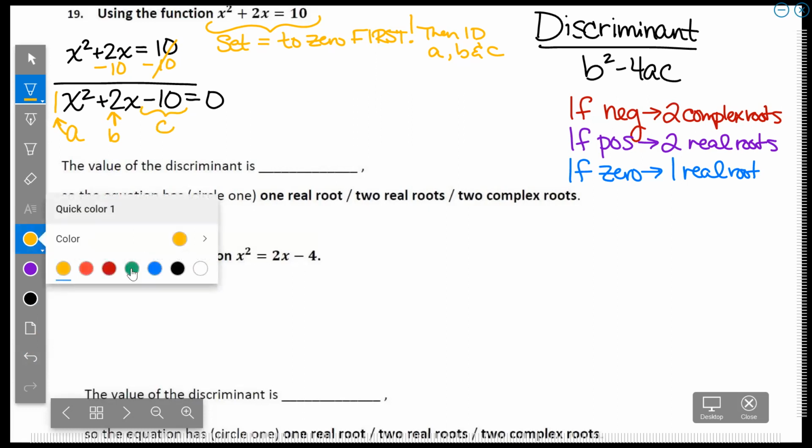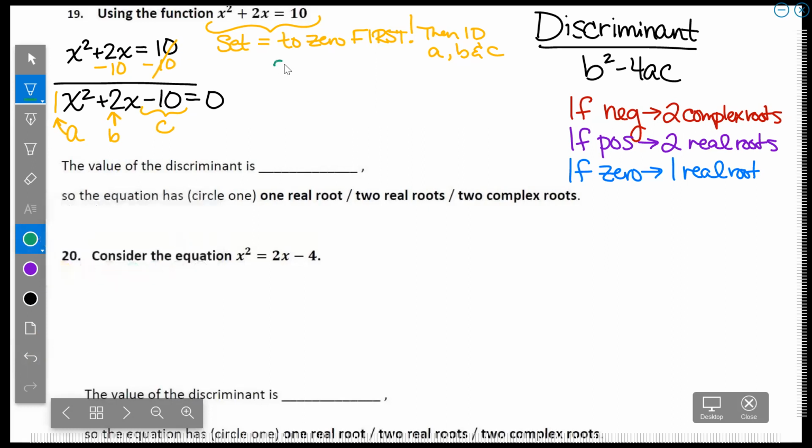All right, so let's substitute in and see what we get. B squared. So I'm going to take 2 and I'm going to square it. Minus 4 times A. We're putting in 1 in the place of A. Times C. And we're putting negative 10 in the place of C.